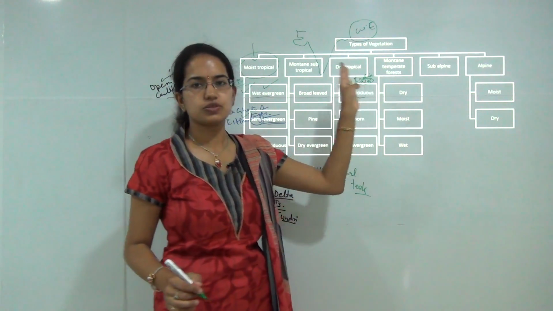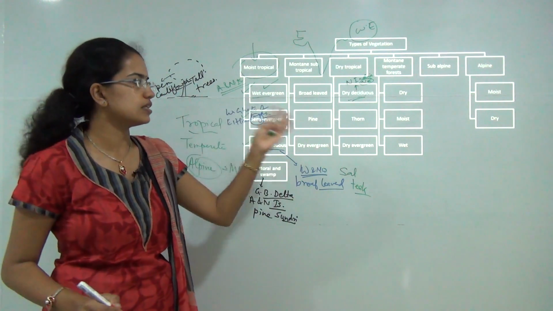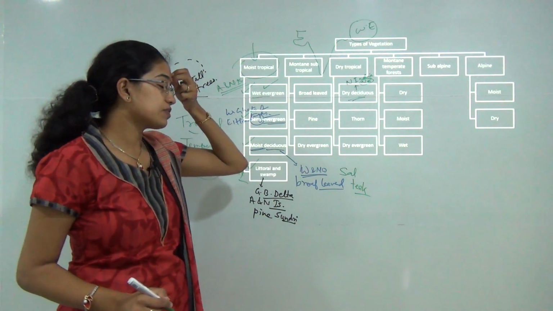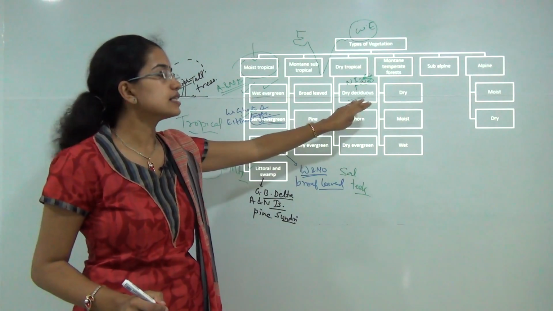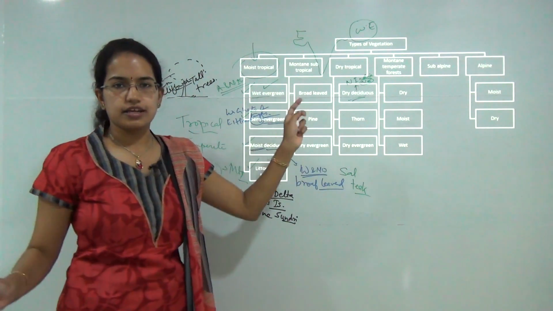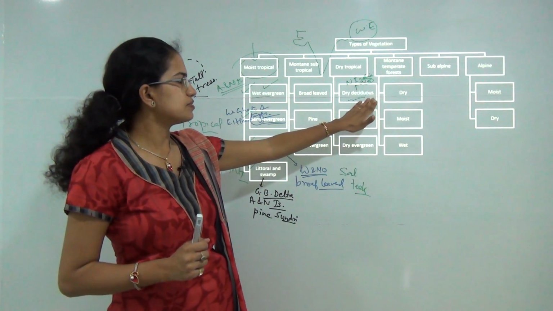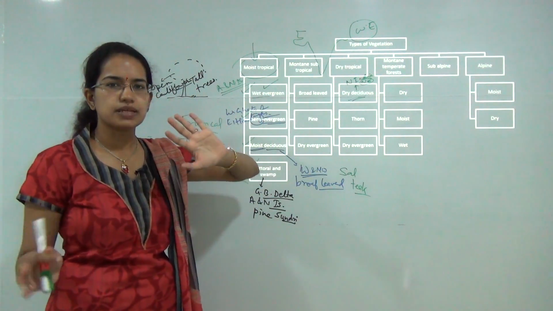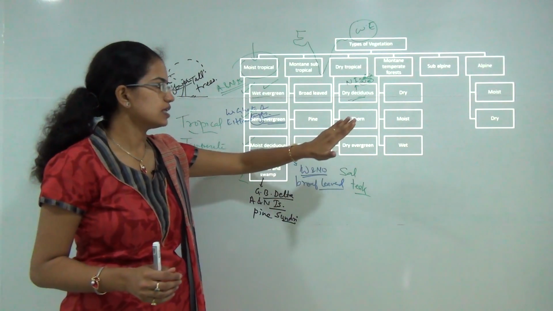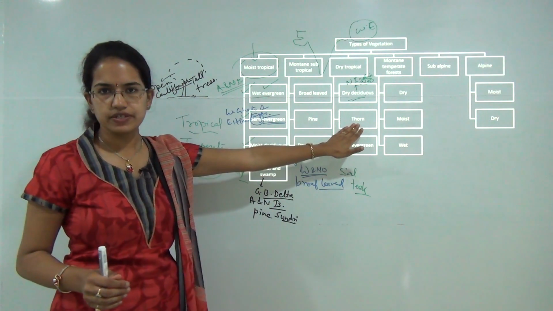Again, since it is deciduous, it would shed its leaves in one season, most probably the dry season. So all the trees here would shed their leaves in the dry season. You have kind of evergreen vegetation mixed with deciduous in some regions. Then next is the thorny vegetation.